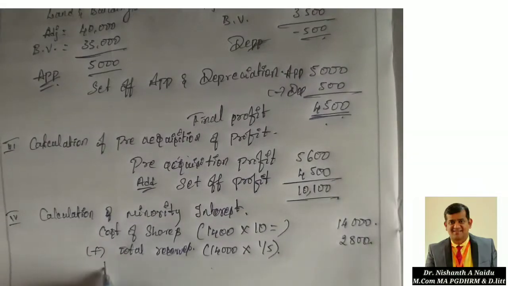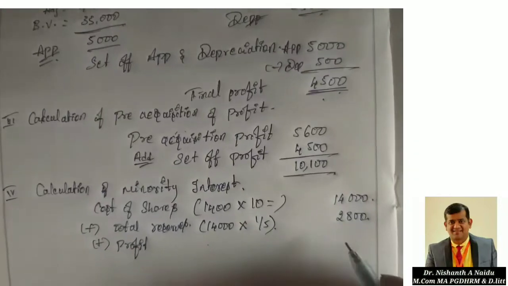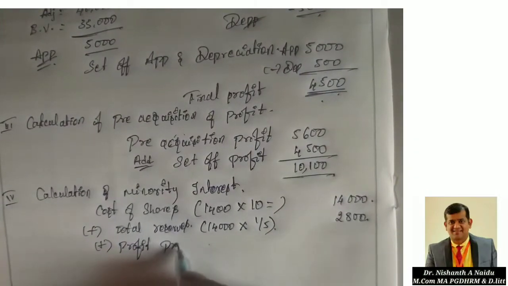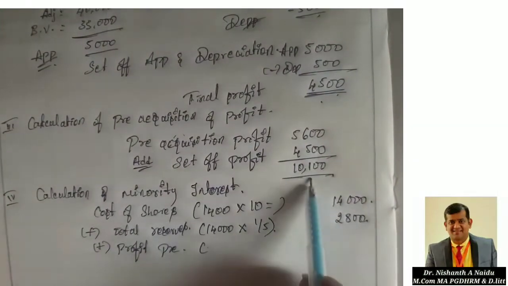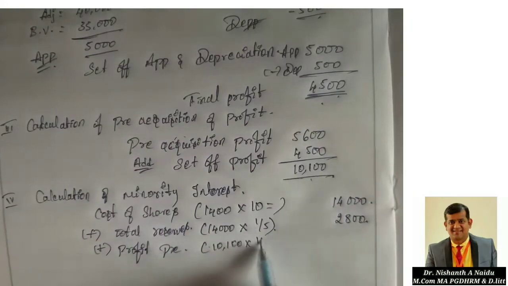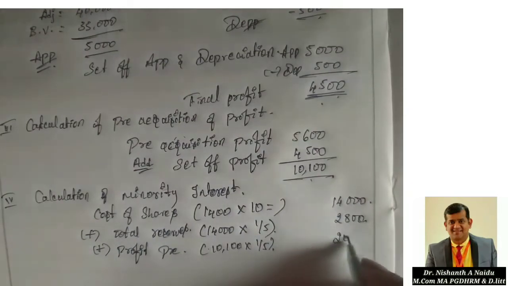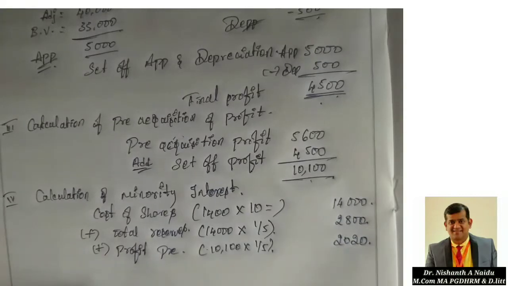Okay. Then add pre-incorporation profit. So that is, we have done 10,100. 10,100 into 1 divided by 5. So that comes to how much? 2,020. Use the calculator. 2,020.